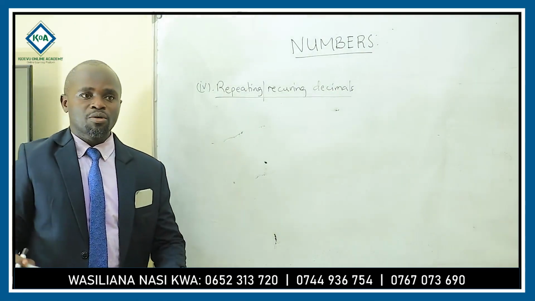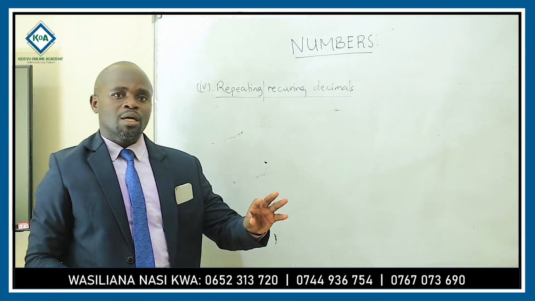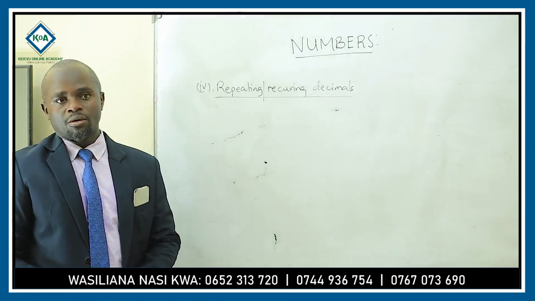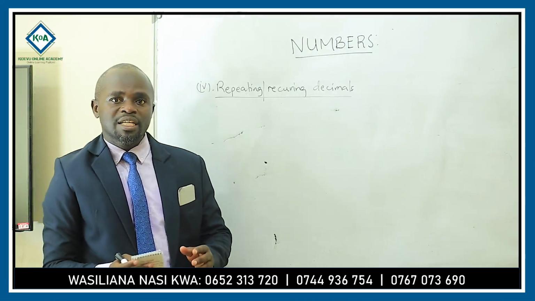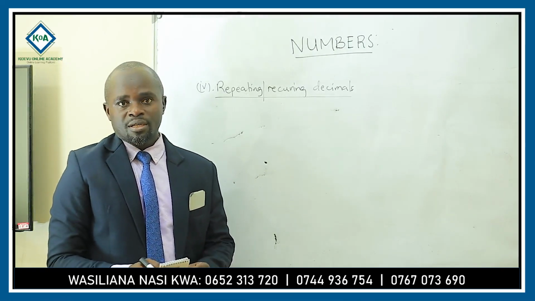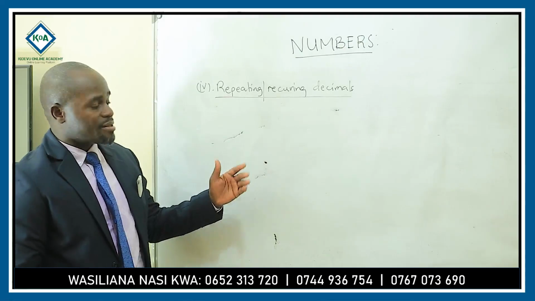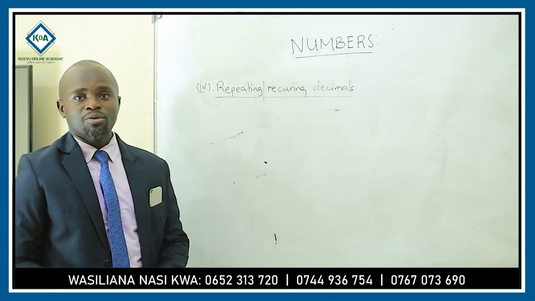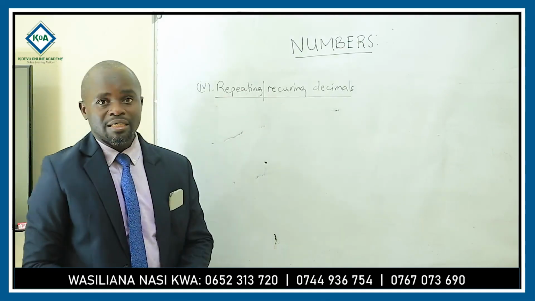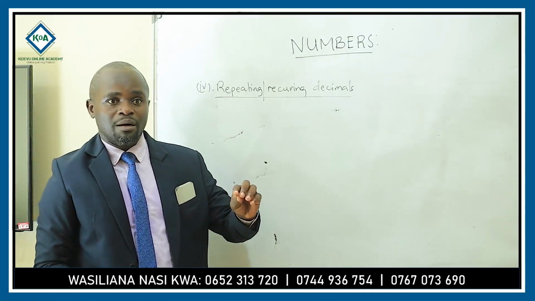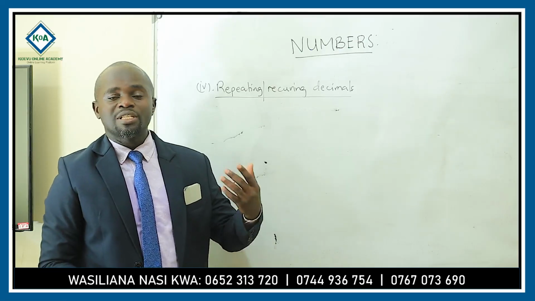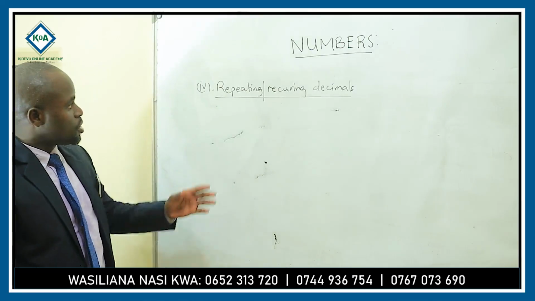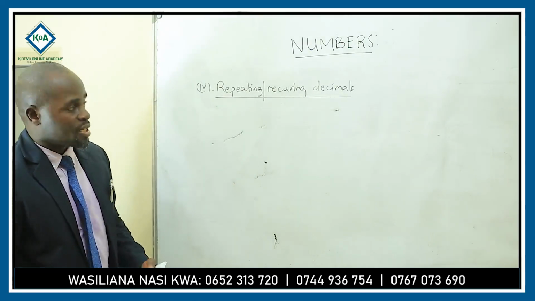These are all decimals whereby one or two or three digits repeat after a decimal point. It has no end, but there are some digits which repeat. Because of this, we call this type of decimal a repeating or recurring decimal. It means we have some digits which repeat, and those digits come after a decimal point.